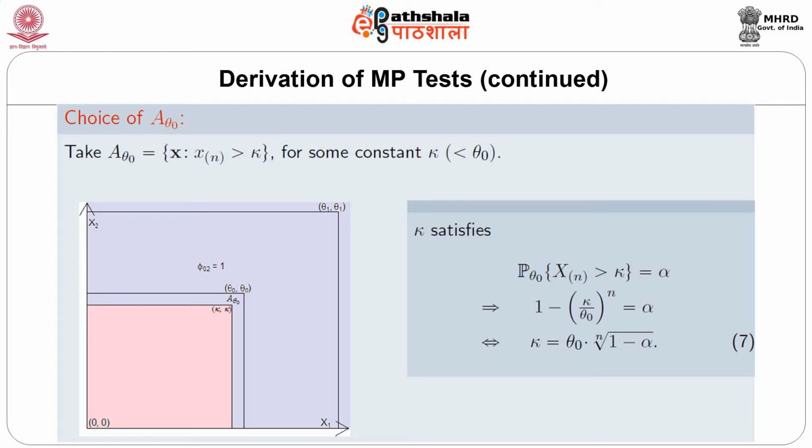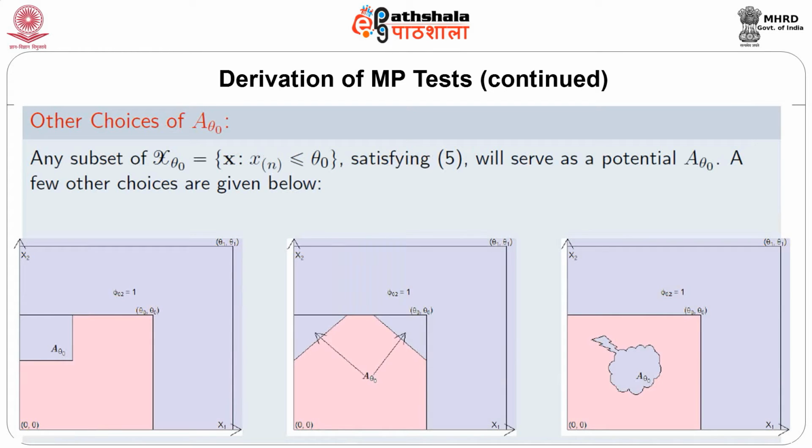Now, probability x order n is less than or equal to k is k by theta naught to the power n. We have just derived that in the last slide. Therefore, this probability is 1 minus k by theta naught to the power n, which is alpha. So, k is theta naught times 1 minus alpha whole to the power 1 by n.